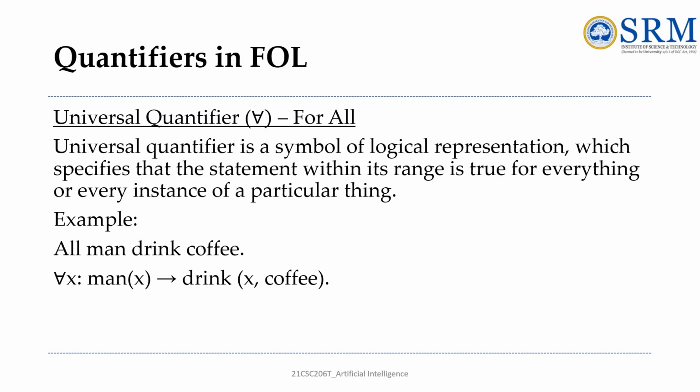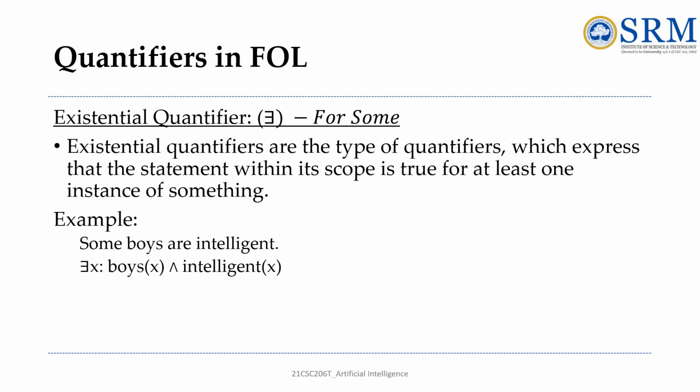The existential quantifier means there exists. If I say all humans are mortal, we write it as for all x, human of x implies mortal of x. And if I say some students are intelligent, we write there exists x, student of x, conjunction, intelligent of x.